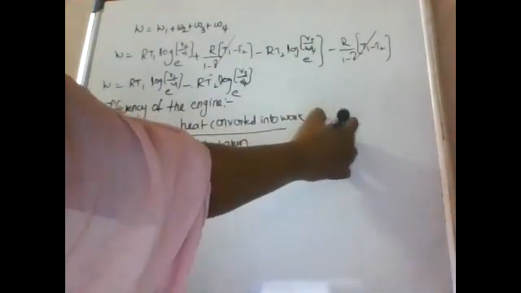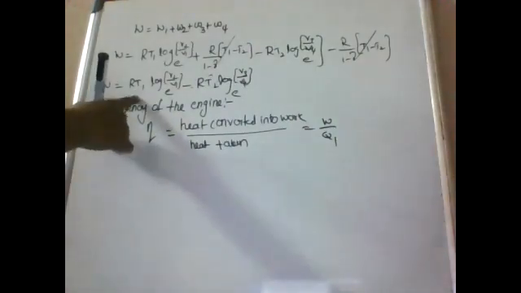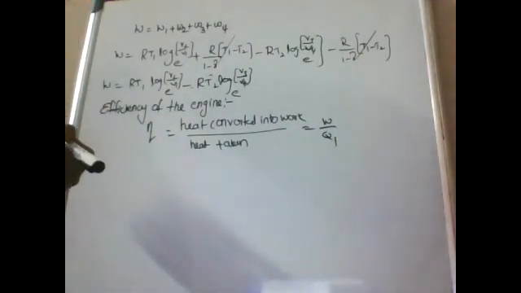So this is W by Q1. What is the W value? This value, and the Q1 value we know.